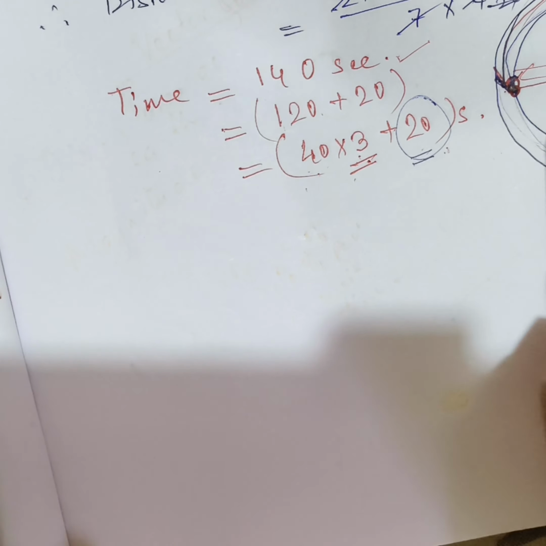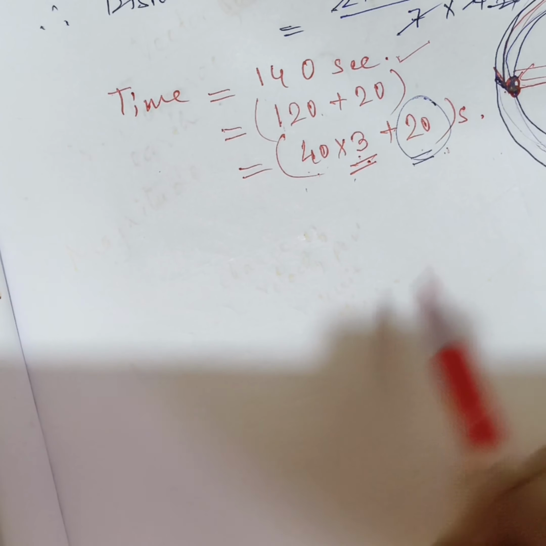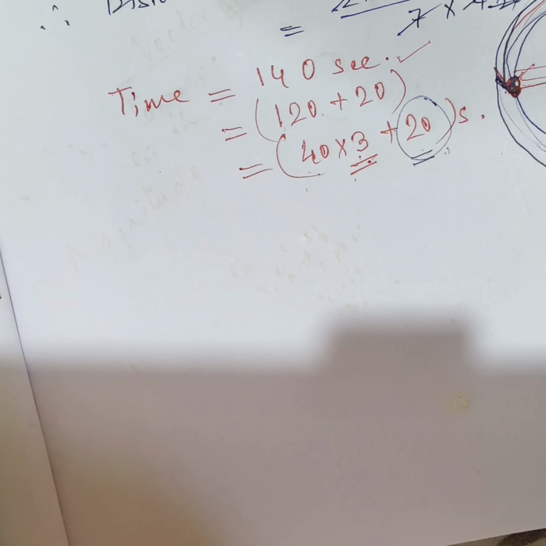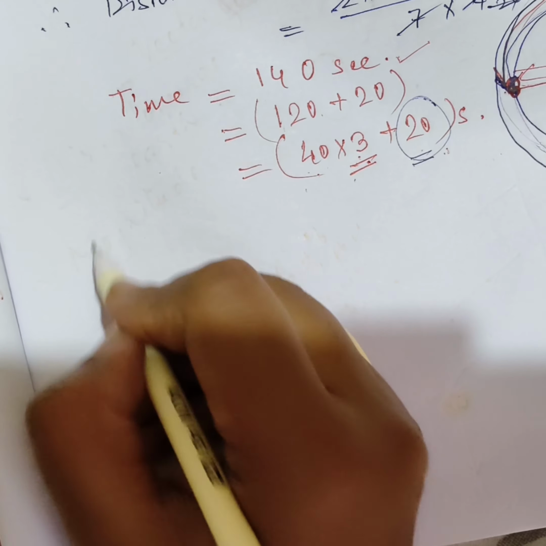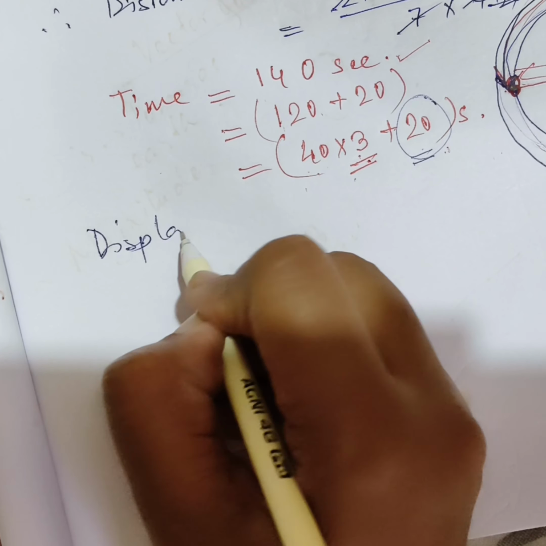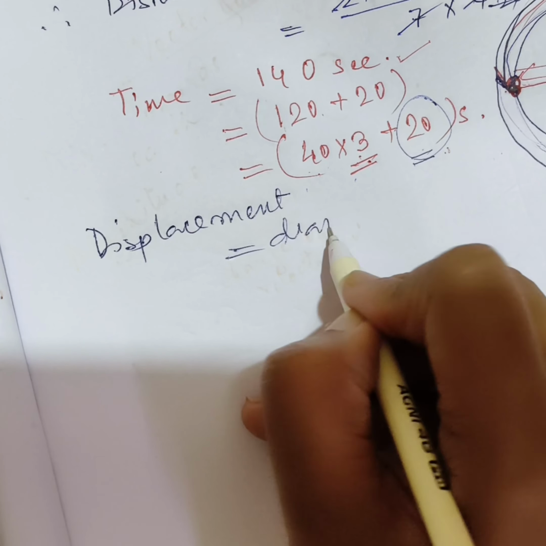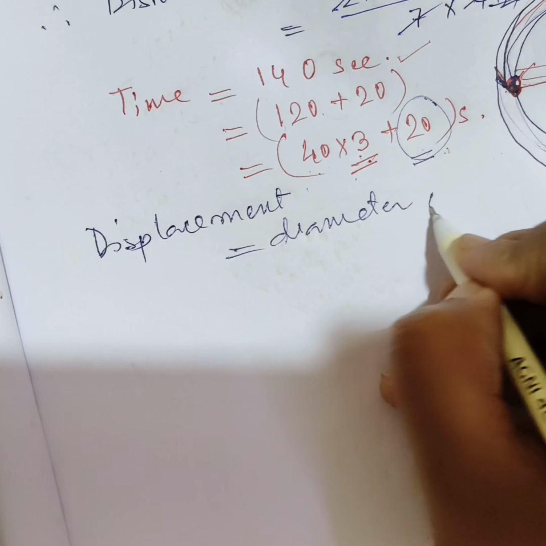Okay? Then what is this displacement? This displacement is the diameter of the circular track. So that is how you'll write it: displacement equal to diameter of the circular track.